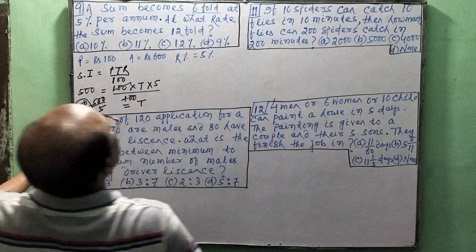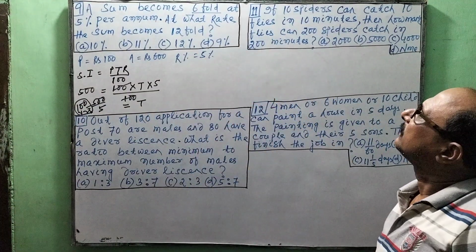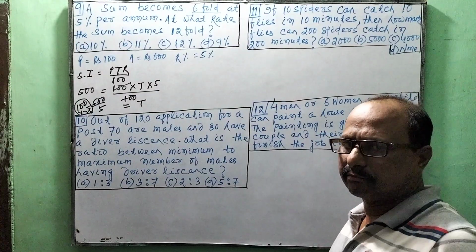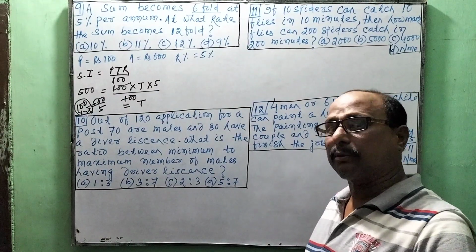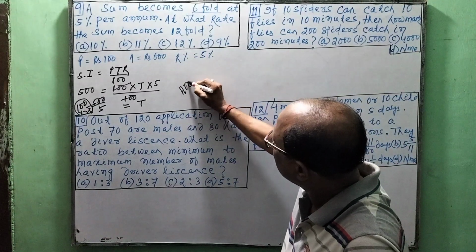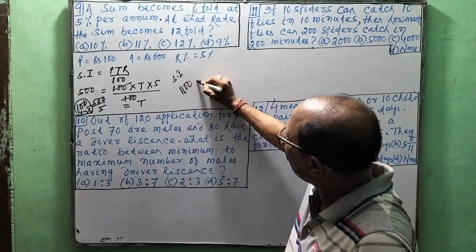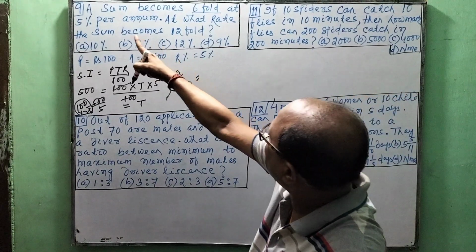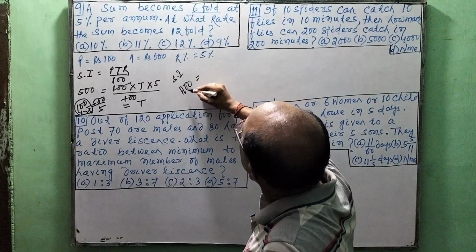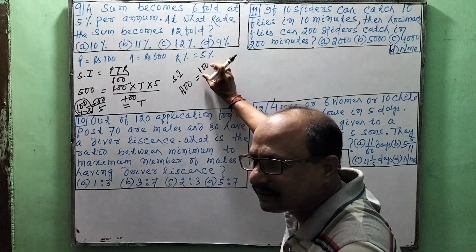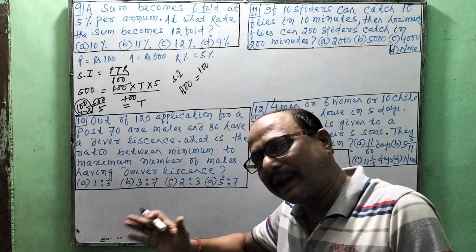So what is the question asked? At what rate does the sum become 12-fold? Suppose principal is 100, 12-fold means 1200. So SI is 1100. If P is 100, it is 12-fold, 1200.